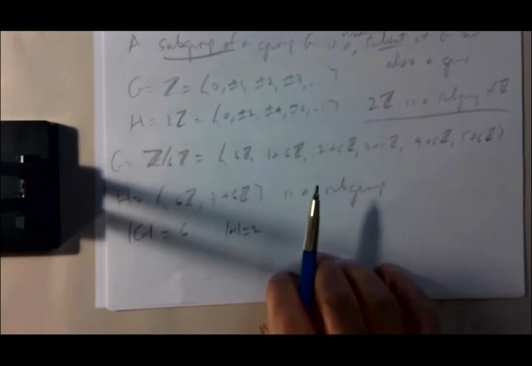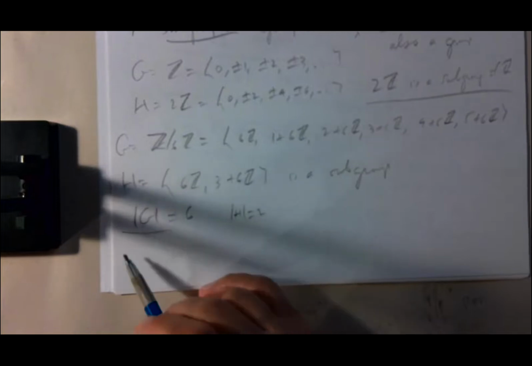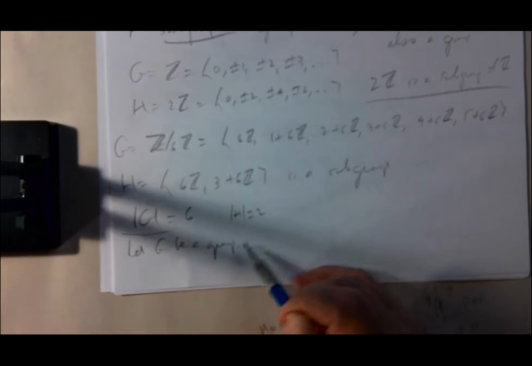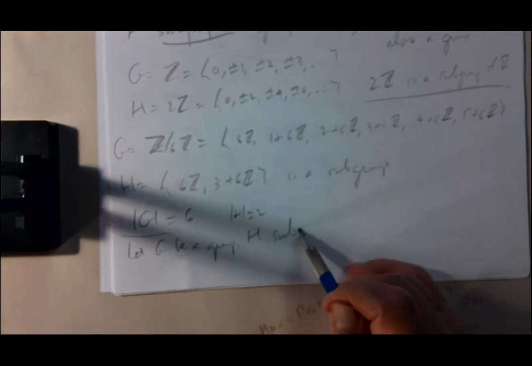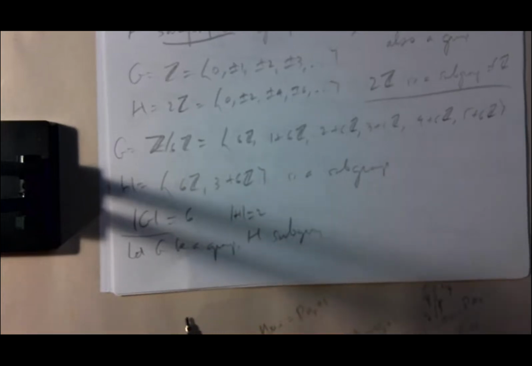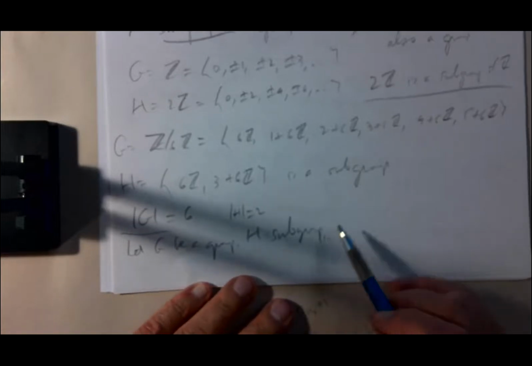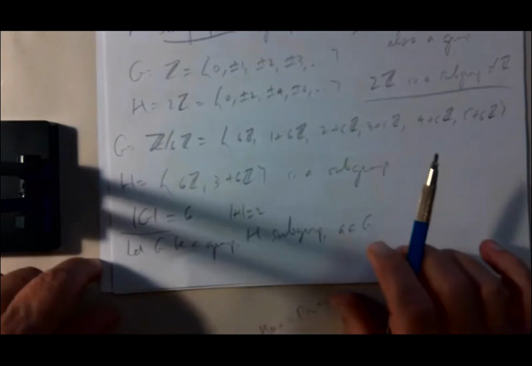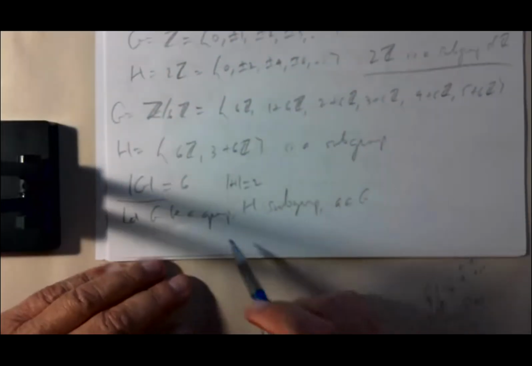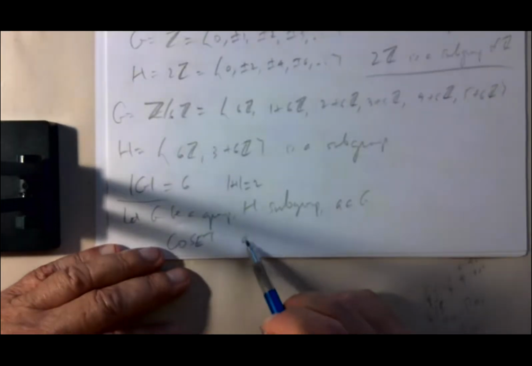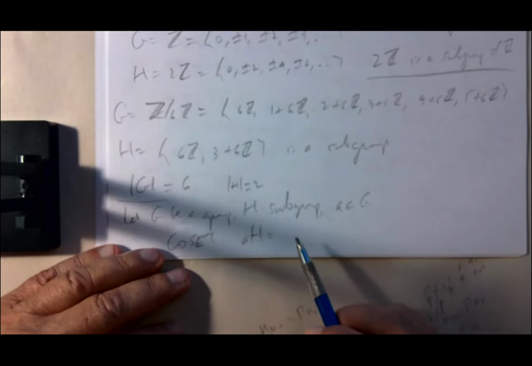There's one other definition I need, which is that of a coset. Let G be a group, H a subgroup, and A an element of G. What we define as a coset is written AH.